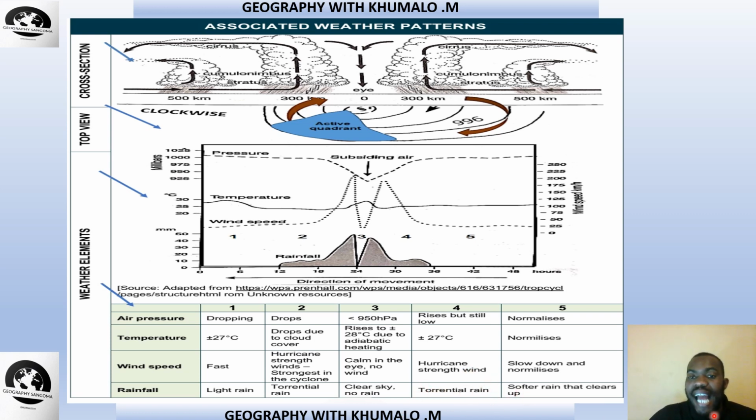And then in the last stage, after the tropical cyclone has moved over an area, the air pressure normalizes, the temperature normalizes, the wind speed slows down and normalizes, and our rainfall becomes softer rain that clears up, and then our tropical cyclone dissipates.